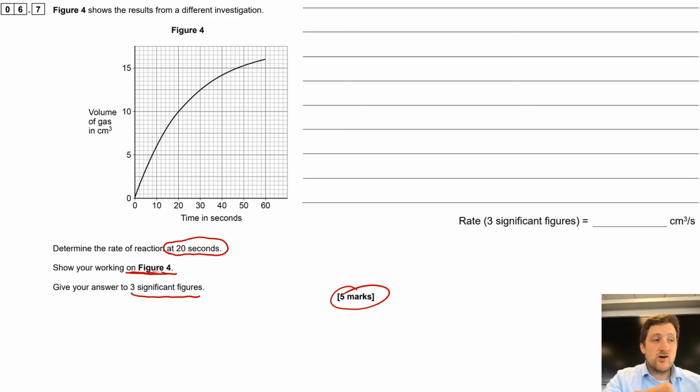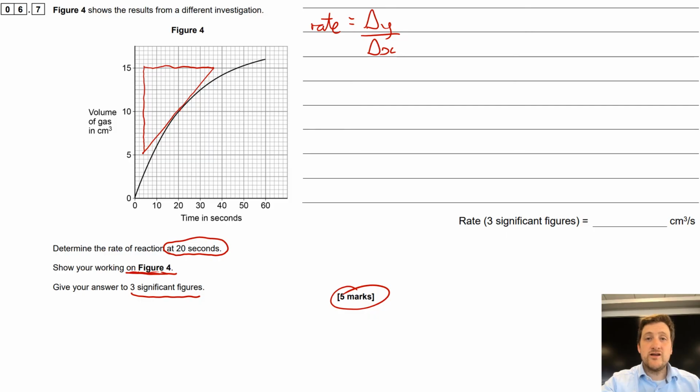Okay, tangents are fun at the best of times. So the way I would do it is I would get a ruler, I would get to my 20 seconds mark, and I would draw a ruler line up to the 15, draw a ruler line down to the 5, and the only reason why I would do that is it's going to make my calculations considerably easier. So what do I have? Well, my rate of reaction is the change in y over the change in x. Still works for my tangent, but now I've got more solid lines.